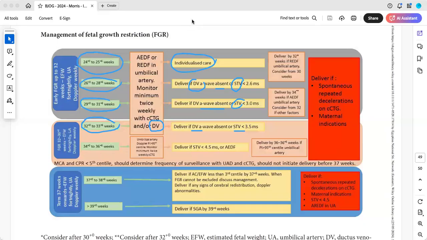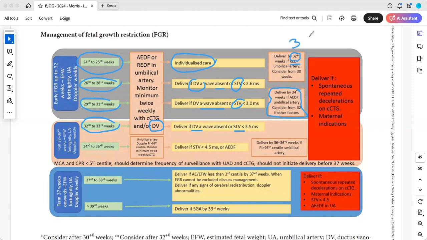Deliver them by 34 weeks if there is absent end-diastolic flow in the umbilical artery Doppler, okay? And sometimes I can consider from 32 if there is another indication. Consideration for delivery in case of reversed end-diastolic flow will be from what time? From 32 weeks.